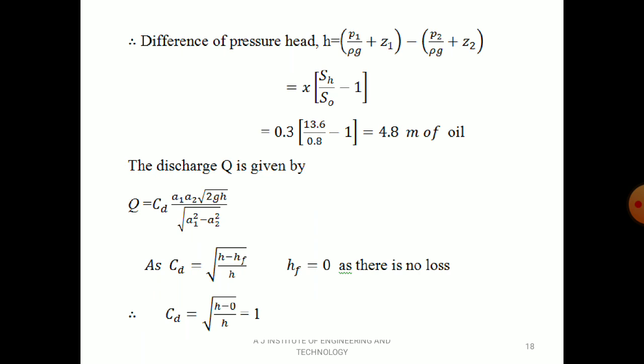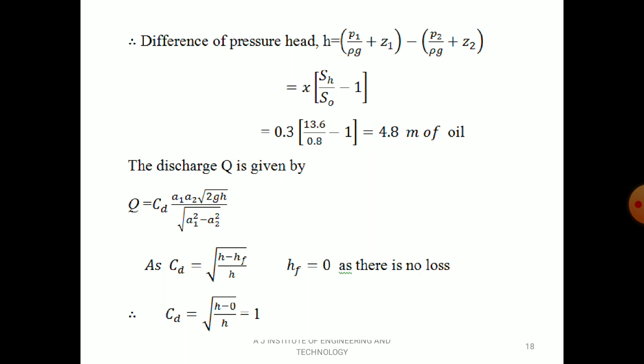After venturimeter, I discussed four cases. Case 1 is related to the flowing fluid having specific gravity lower than the manometric fluid, and the second case is related to the flowing fluid having density or specific gravity greater than the manometric fluid.